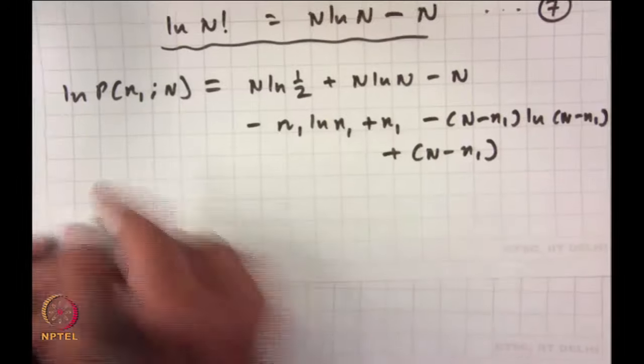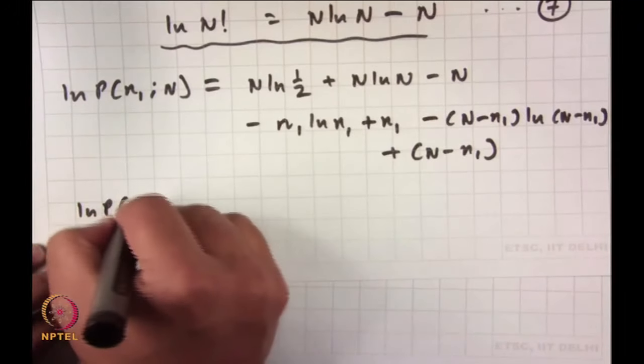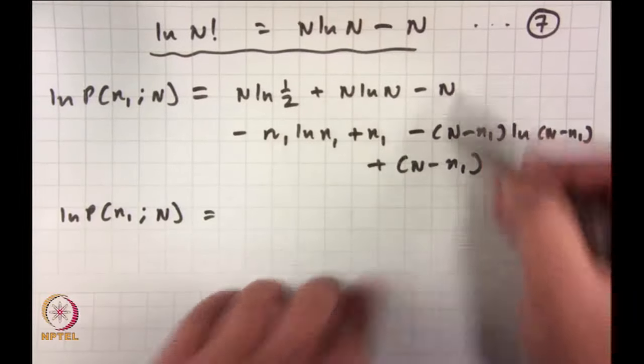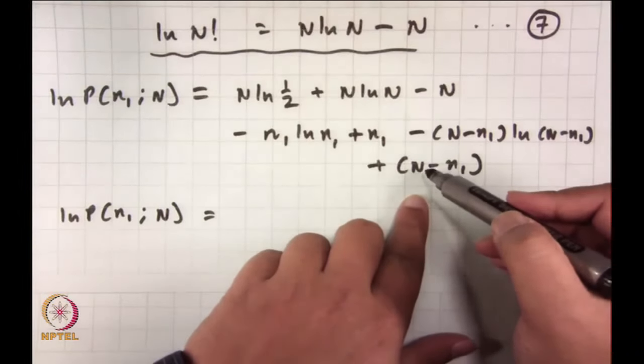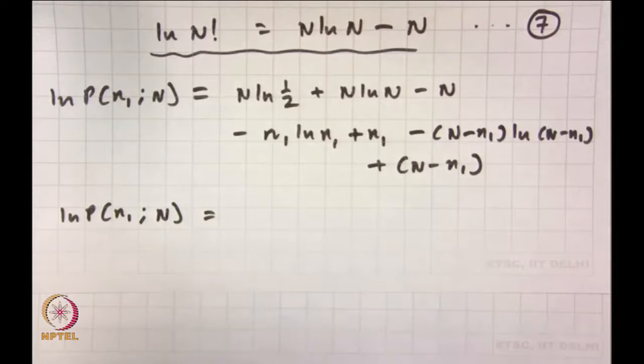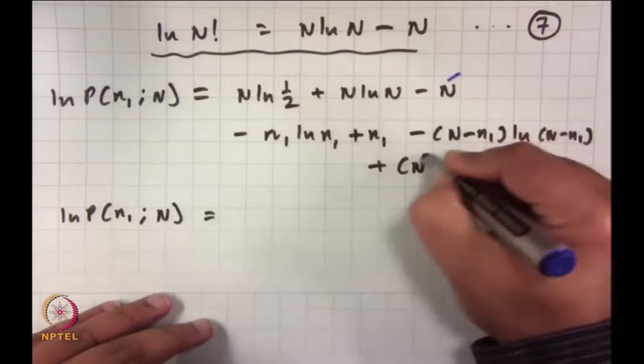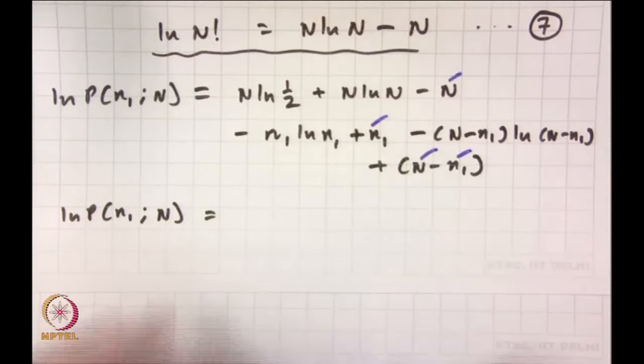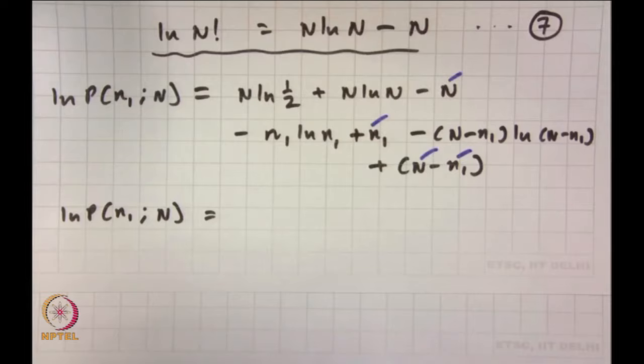So, what will it come to now? Therefore, ln P(n1; N) is equal to, see this N cancels with this, and this one cancels with this. So, it is already simplified for us a lot.